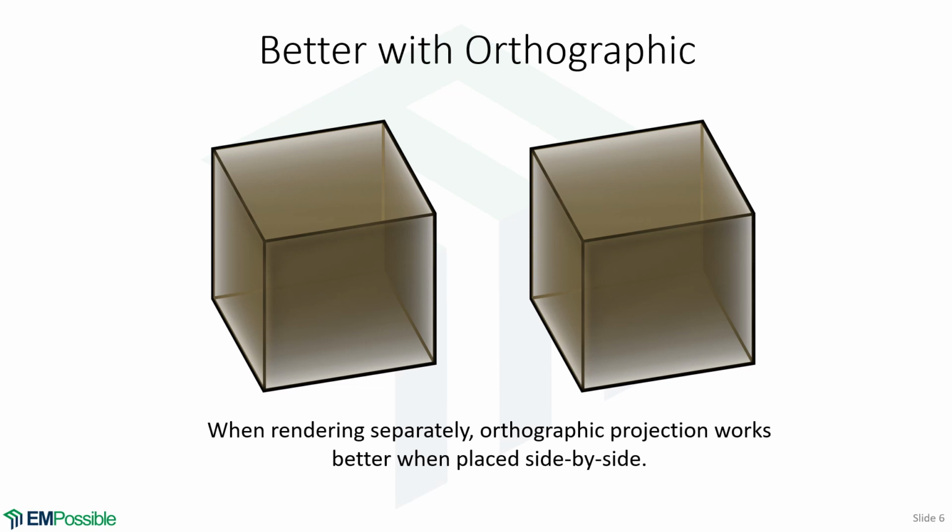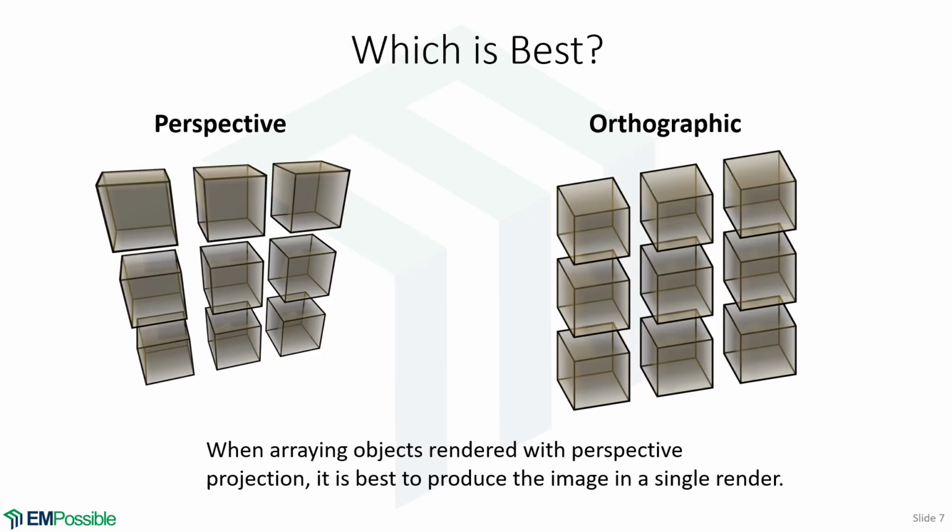If you absolutely have to do this, render in orthographic, and then you can place anything in any kind of array, but it's still going to look distorted. What I think is best to do when you're going to show multiple 3D objects, and here I'm showing an array of 3 by 3, is render them all at the same time. That way in perspective mode, notice all of these look a little bit different because they're in different orientations.